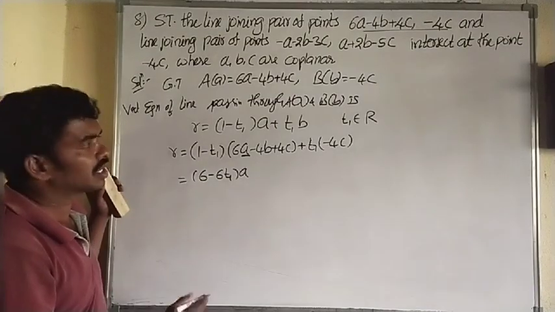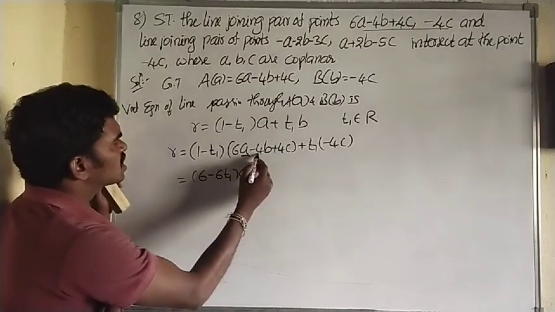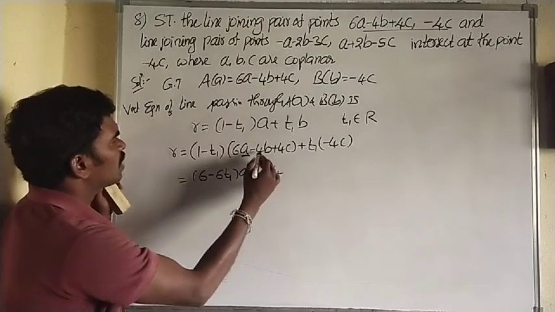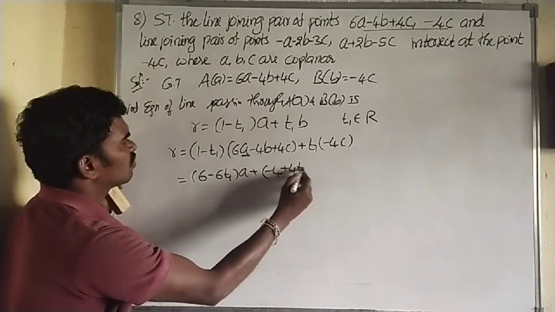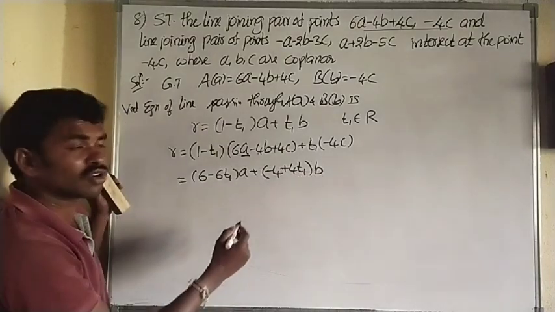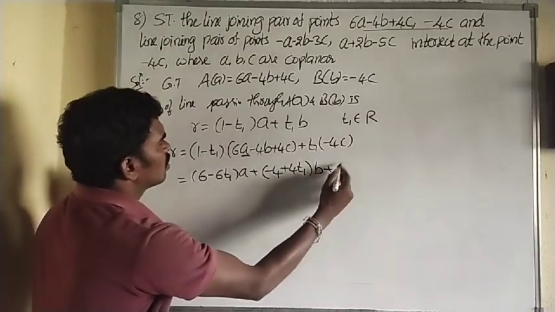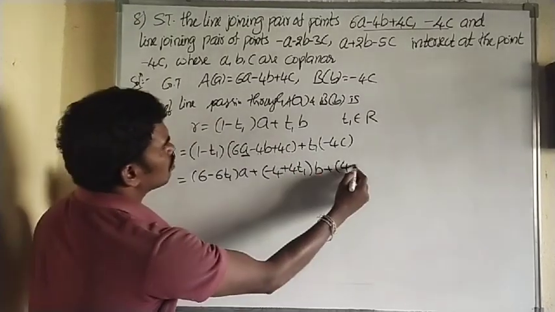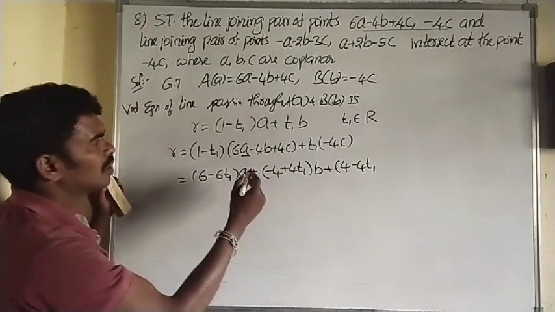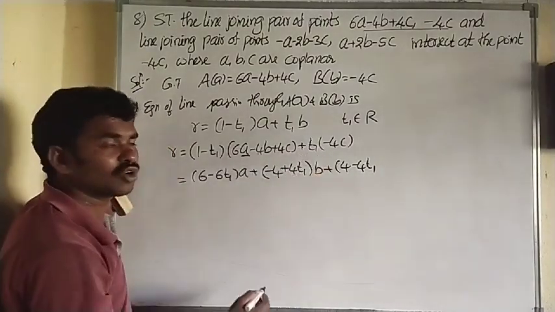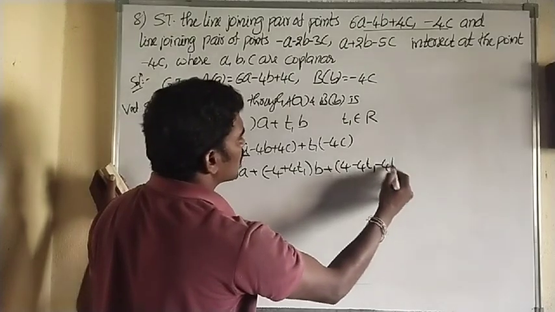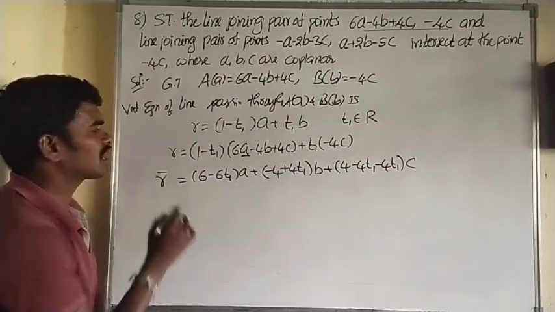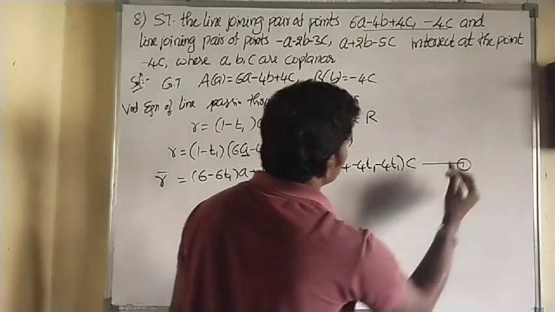Next the b coefficient: minus 4 into 1 minus t1, so minus 4 plus 4t1 into b. And the c coefficient: 4 into 1, 4, into minus t1, minus 4t1, and here also minus 4 into t1, minus 4t1 into c. Am I right? So this is the a coefficient, b coefficient, c coefficient. This is vector r. Let me take it as equation 1.